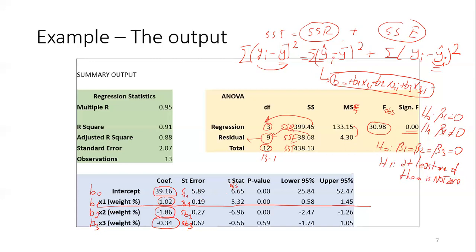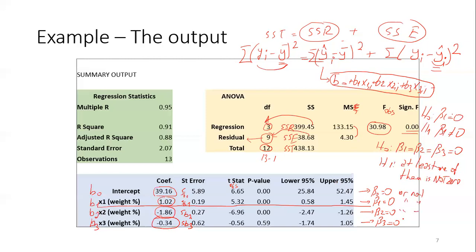For which hypothesis do we have these observed values? The first line tests whether beta 0 is equal to 0 or not. The second line tests whether beta 1 is equal to 0 or not. The third line tests whether beta 2 is equal to 0 or not. And the last line tests whether beta 3 is equal to 0 or not.